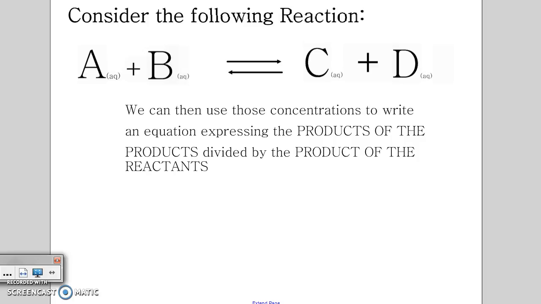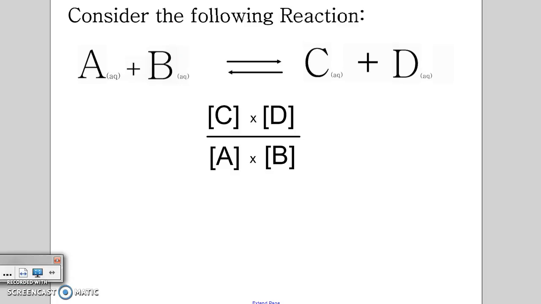If we wanted to, we could use those concentrations to write an equation expressing the product of the products, that would be C times D, divided by the product of the reactants, A times B. And if we did that, it would look something like this: C times D divided by A times B, again, the products divided by the reactants.